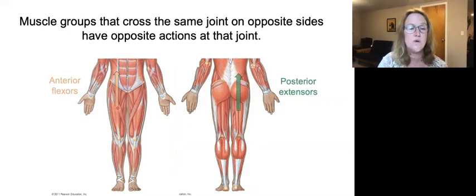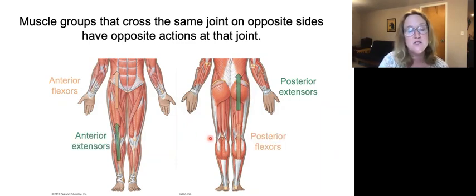Let me start that over again. These muscles will pull forward on the femur, which causes hip flexion, and these muscles will pull backwards on the femur, which causes hip extension.